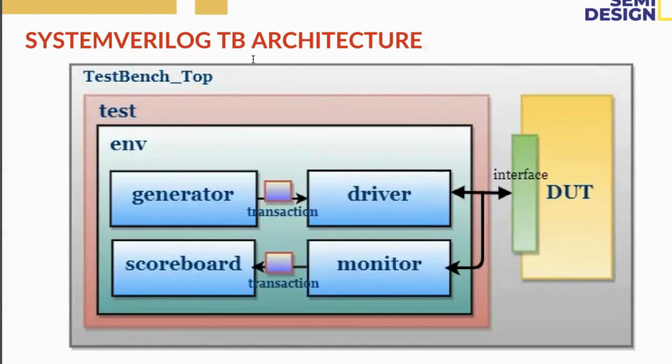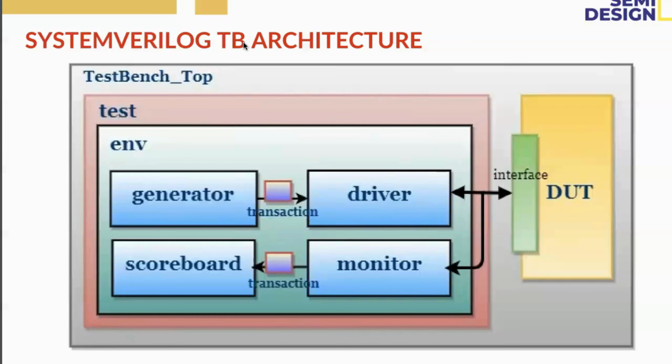Okay. So compared to SystemVerilog, a few updates were made in UVM, right? In place of the generator, we have the sequencer, the sequence, and a number of sequence items. A sequence is nothing but a sequence of transactions, whereas a sequencer will generate the number of sequences.